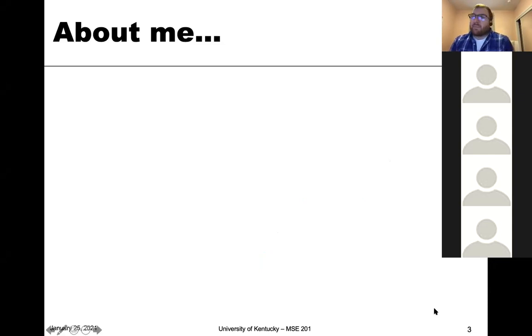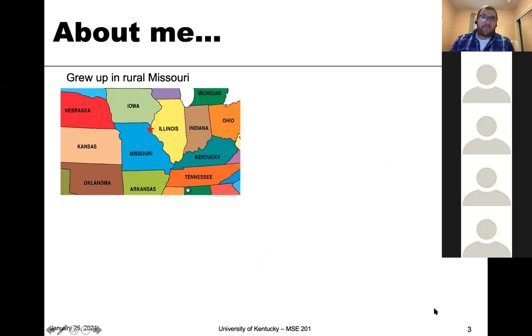To get to know me a little bit better, I'm your instructor, Dr. Tom Koschel. I grew up in the middle of nowhere, at the intersection of Missouri, Illinois, and Iowa, in a really small town.